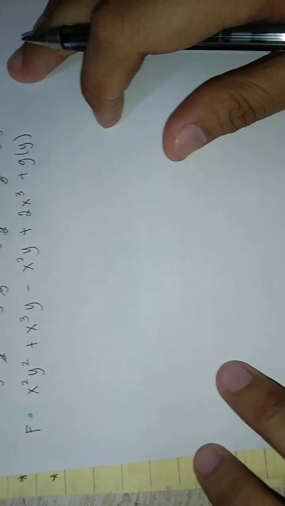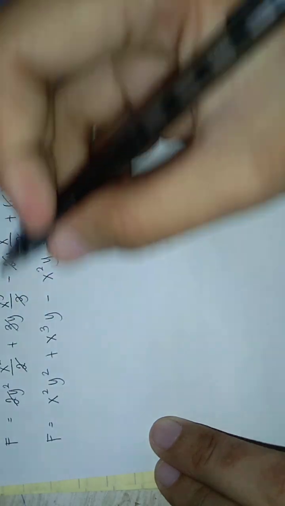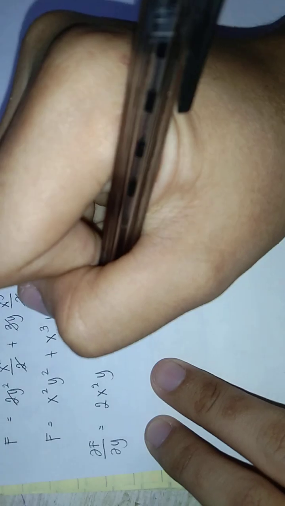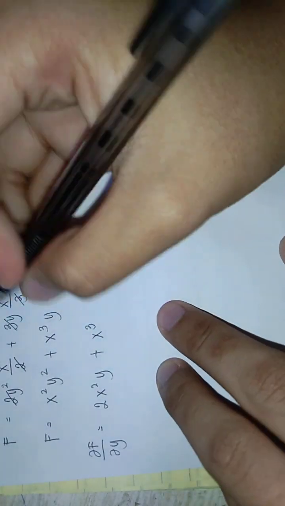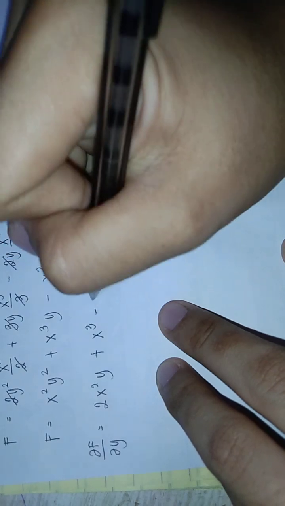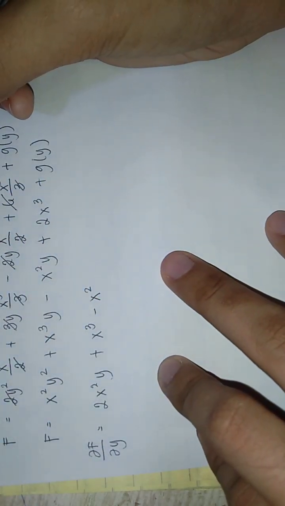Now let's derive this function with respect to y. So we'll have the derivative of x squared y squared is simply 2x squared y. Derivative of x cubed y is x cubed only. Derivative of x squared y is negative x squared. Derivative of 2x cubed is 0.